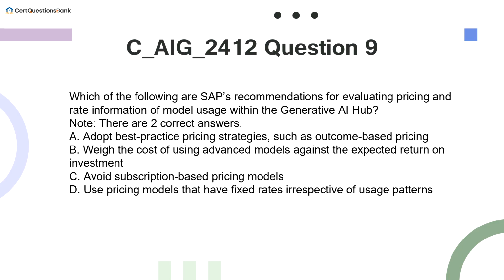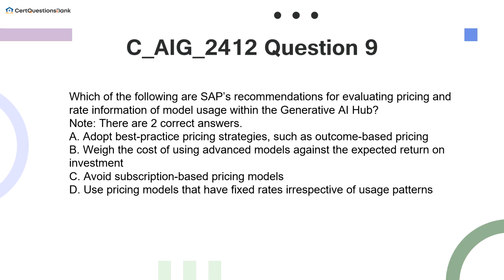Which of the following are SAP's recommendations for evaluating pricing and rate information of model usage within the Generative AI Hub? Note: there are two correct answers. A. Adopt best practice pricing strategies, such as outcome-based pricing.